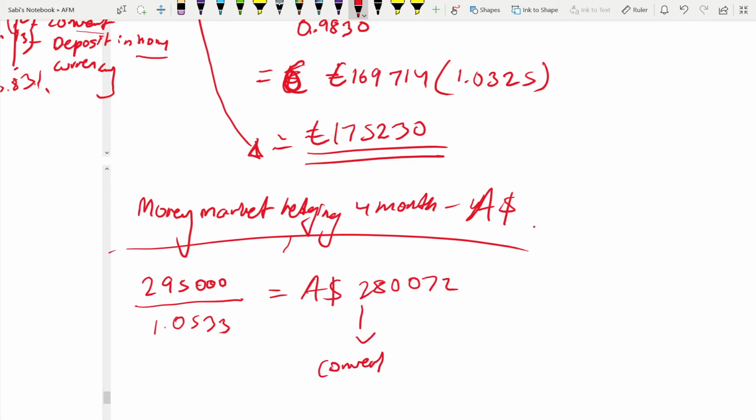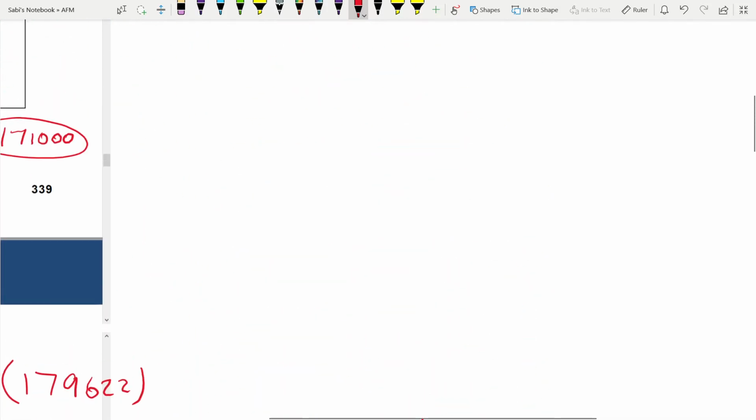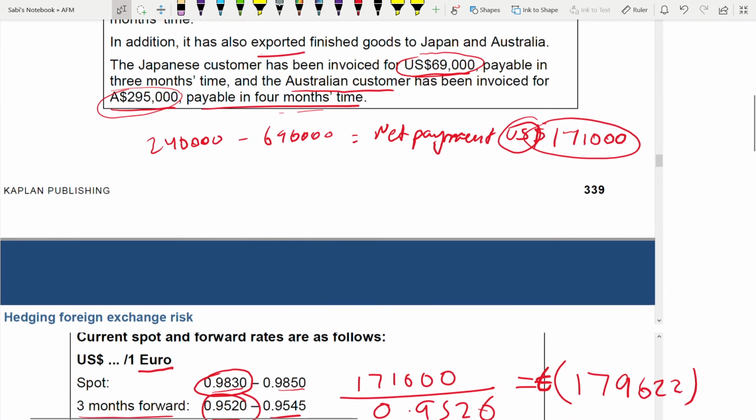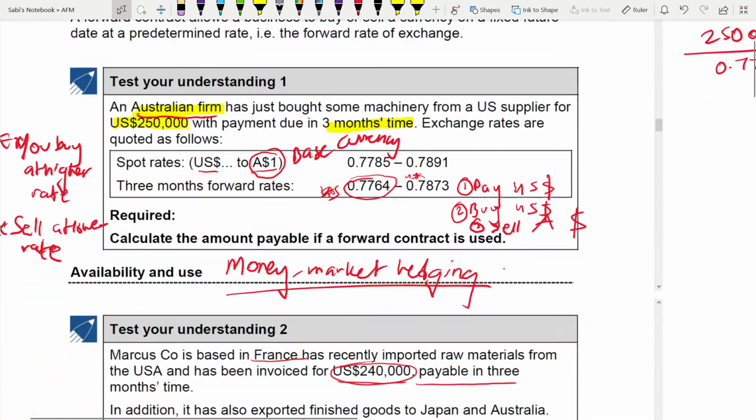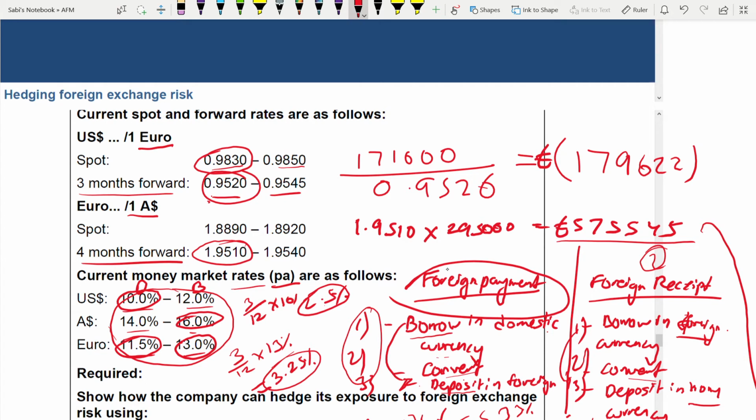Now convert. The steps are always the same. Convert it to euro, again using the spot rate. But here the rates will change. It's a receipt. What is the rate? Spot, so the spot 1.8890 or 1.8920. It is the lower rate.